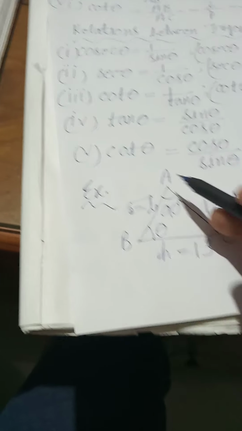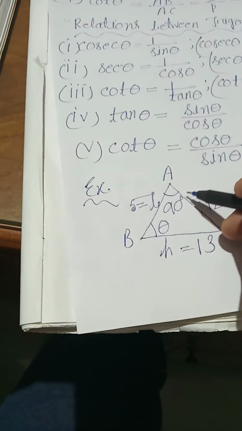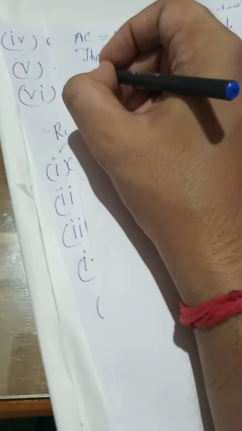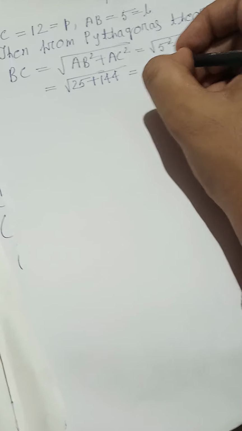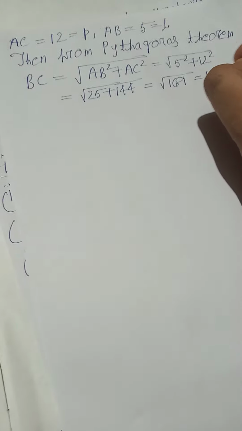BC square is equal to AB square plus AC square. So BC is equal to root over AB square plus AC square, which is root over 5 square plus 12 square, which is root over 25 plus 144, root over 169, which is equal to 13.